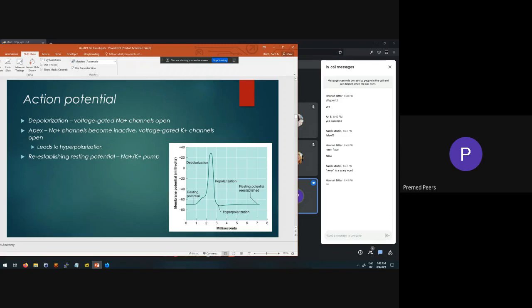But remember, when the sodium potassium pump is operating, it wants to bring the cell towards -70. So even if we didn't have the potassium channels to make this huge drop, we would still have the sodium potassium pump that could very slowly bring it back down to the resting potential.